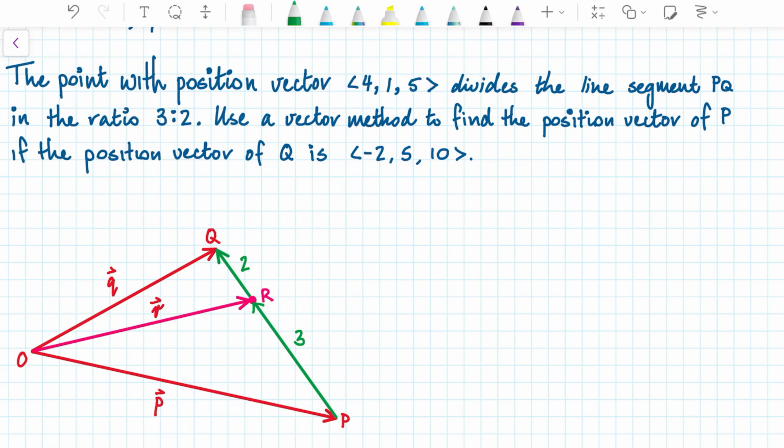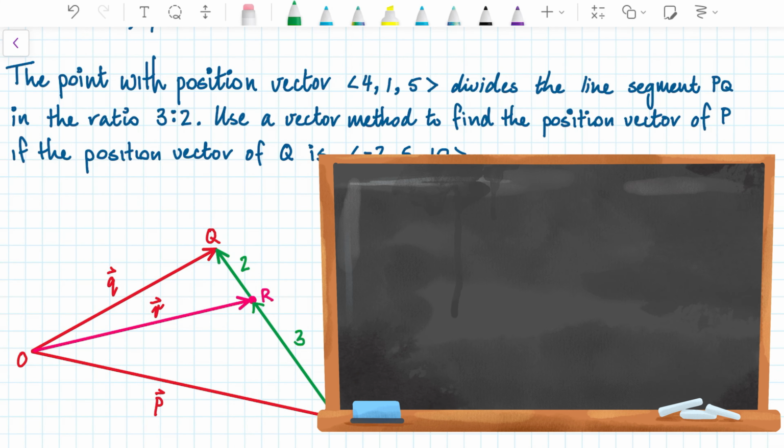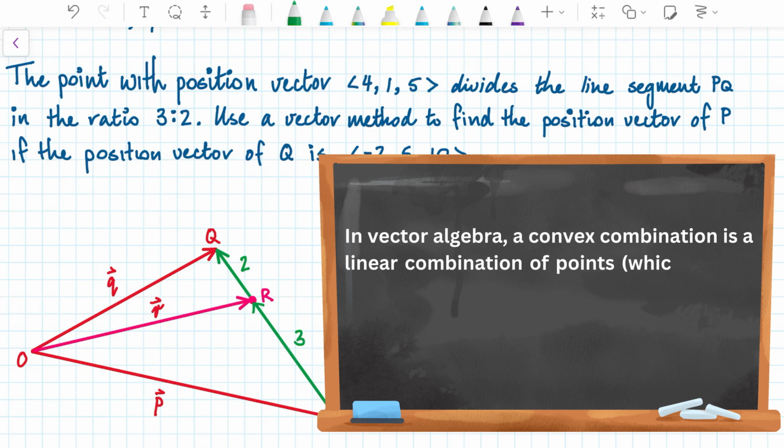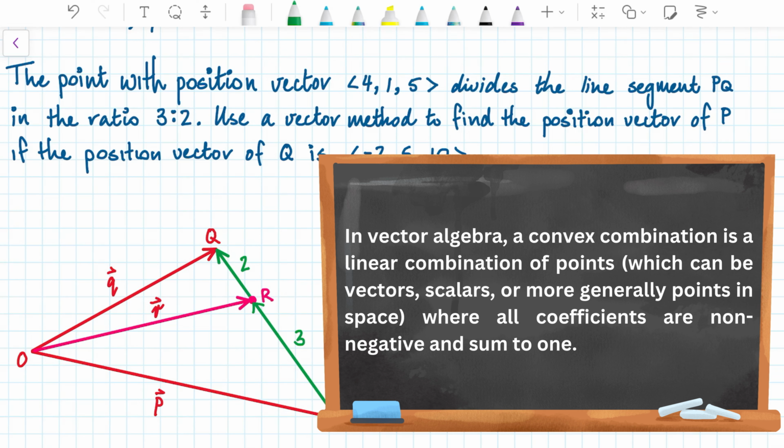So I'm going to let P be the position vector of the point P, Q be the position vector of the point Q, and R be the position vector of the dividing point. Now, a fundamental idea in vector geometry is that any point on a line segment can be written as a convex combination of the endpoints.